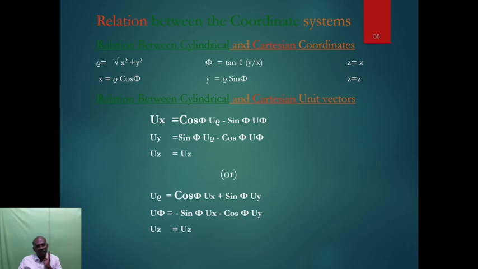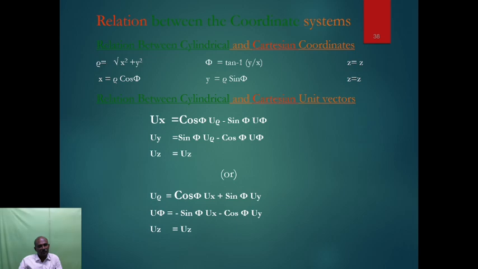These are some simplified relationships between any two coordinates. The first one is rho equal to root of x square plus y square. Here rho is the cylindrical coordinate. So how can we relate the cylindrical coordinate rho with the rectangular coordinates x and y? Rho is equal to root of x square plus y square, and x is equal to rho cos phi.